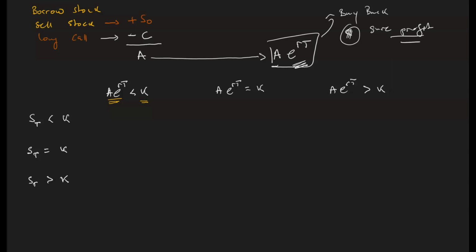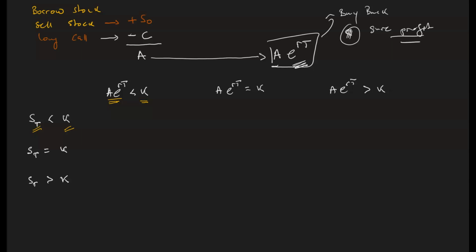Now, this would be true, but then again, what if the stock price here is also less than the strike price? If the stock price is also less than the strike price, we may not have to exercise the option, but we may just go ahead and buy the stock on the open market.